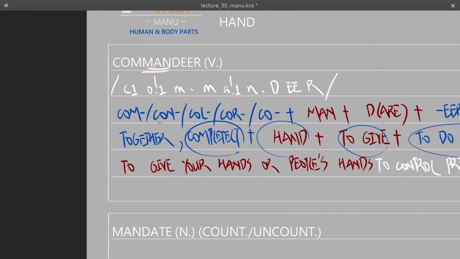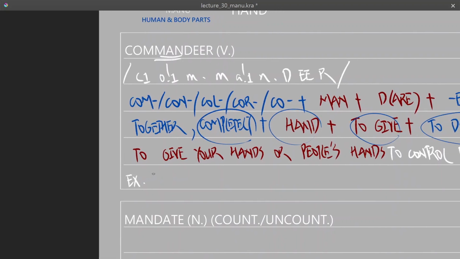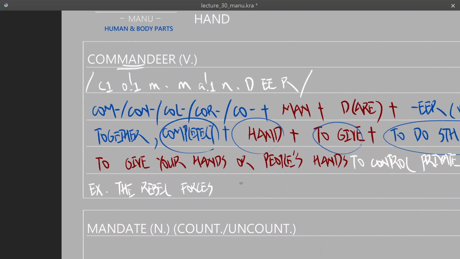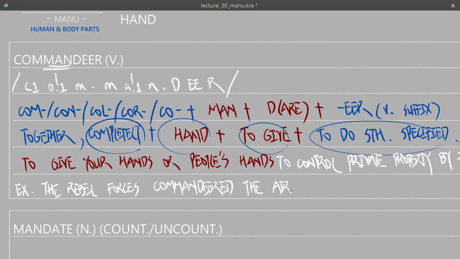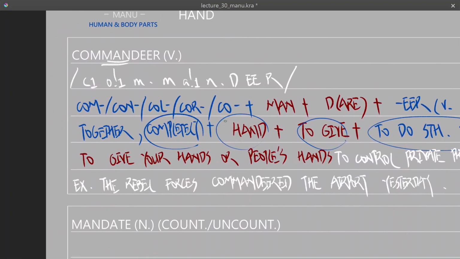So for example, we could say the rebel forces commandeered the airport yesterday.